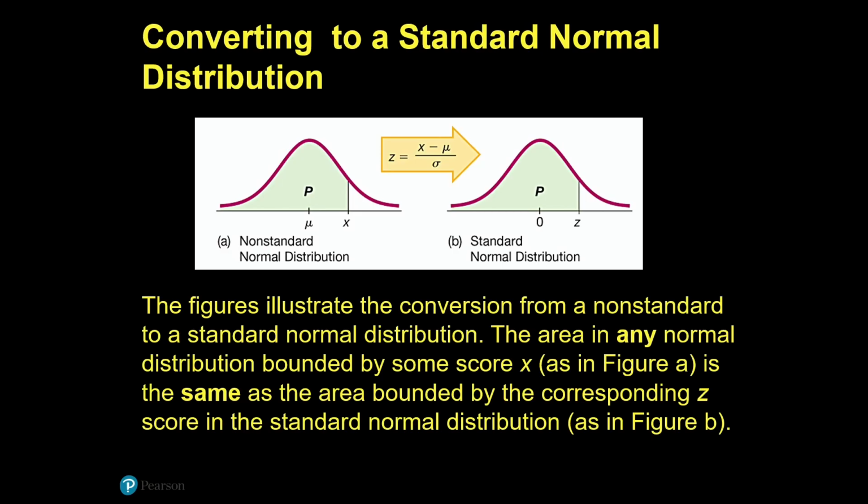The figures illustrate the conversion from a non-standard to a standard normal distribution. The area in any normal distribution bounded by some score x, as in the figure on the left, is the same as the area bounded by the corresponding z-score in the standard normal distribution. All that's really new here is that the reason we're allowed to convert them to z-scores and look them up in the table is because a non-standard normal distribution and a standard normal distribution have the exact same shape.